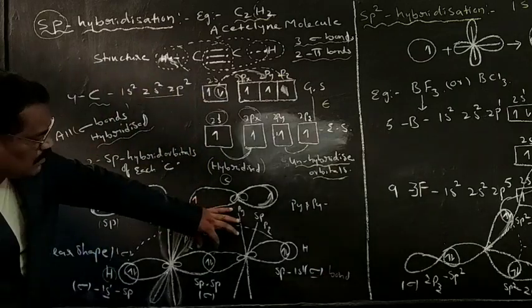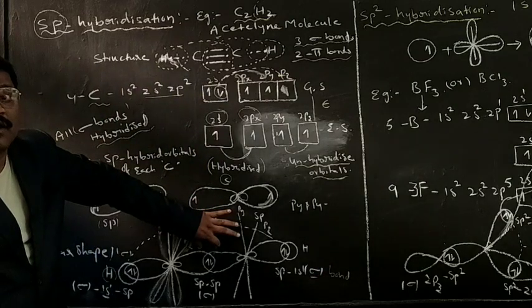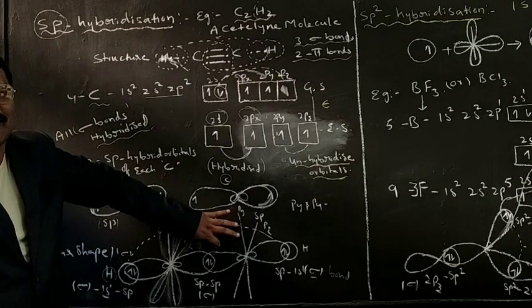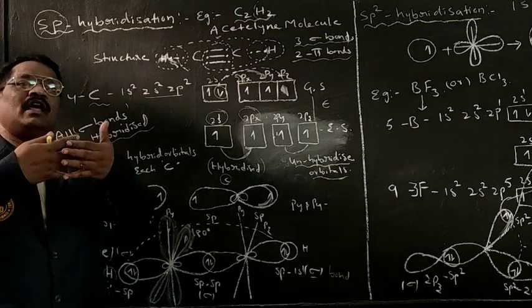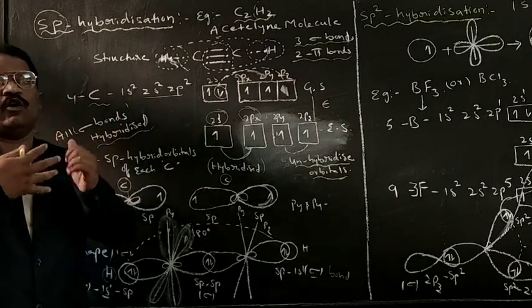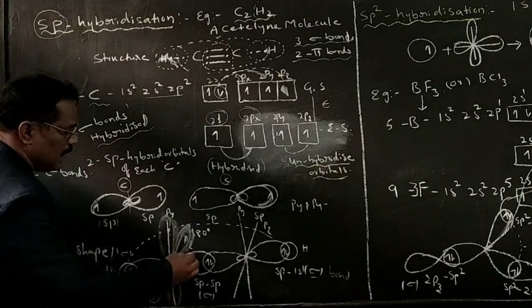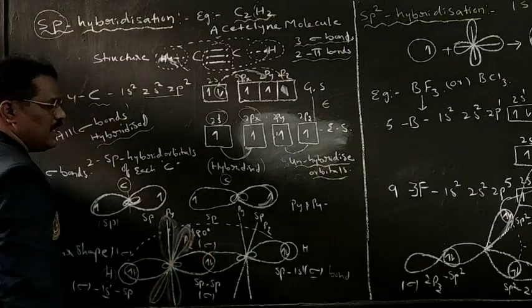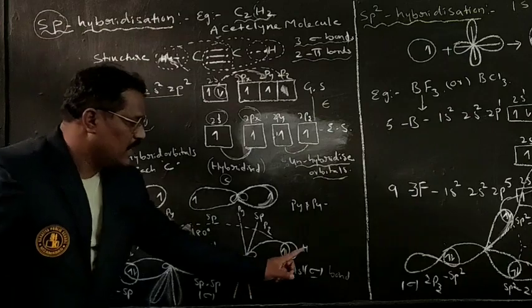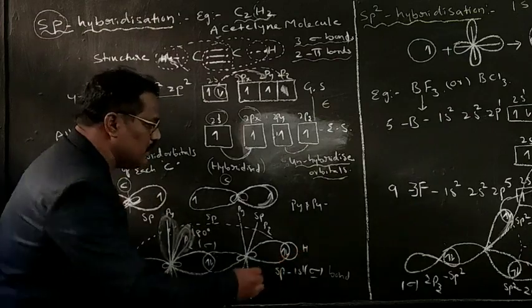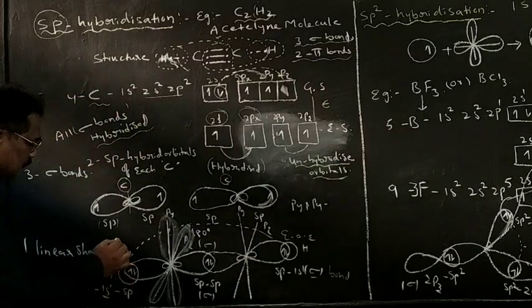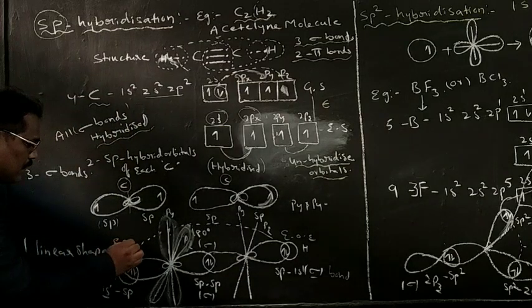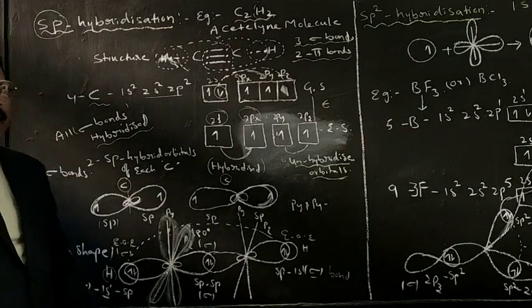And overlapping of the two hybrid orbitals takes place, sp hybrid orbital with sp hybrid orbital. They overlap with end-on-end overlapping. Whereas if end-on-end overlapping takes place, it forms a sigma bond. The hydrogen is also overlapping end-on-end, and here also hydrogen is overlapping end-on-end.